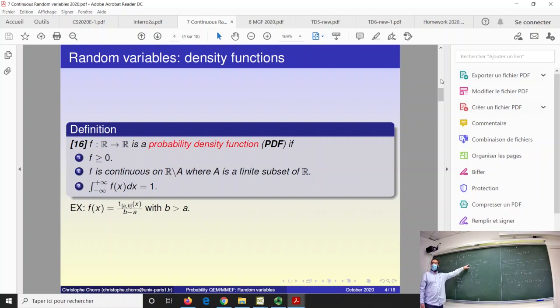I have x to the power alpha minus 1 that will become y over lambda to the power alpha minus 1. I have exponential minus lambda x that will become exponential minus y. And I have dy equal to lambda dx, so my dx is equal to dy over lambda.